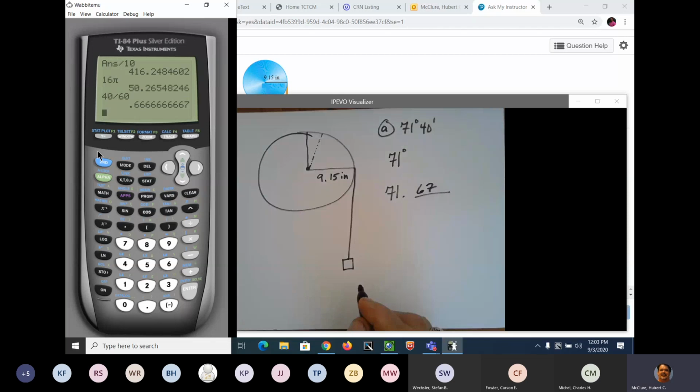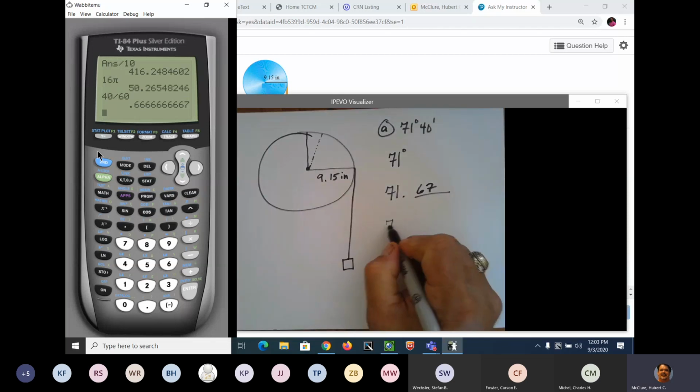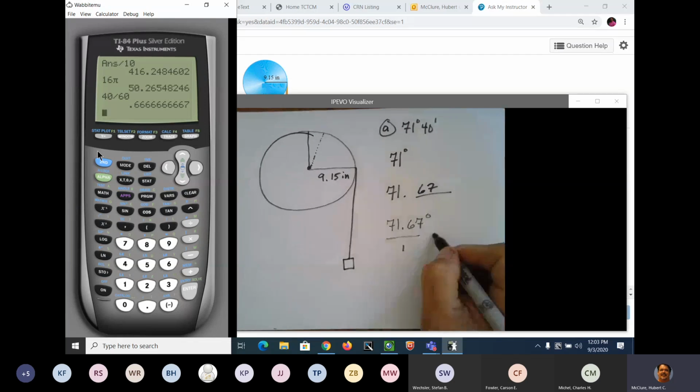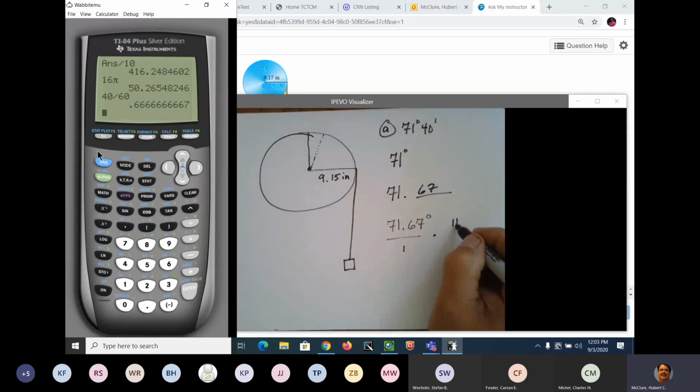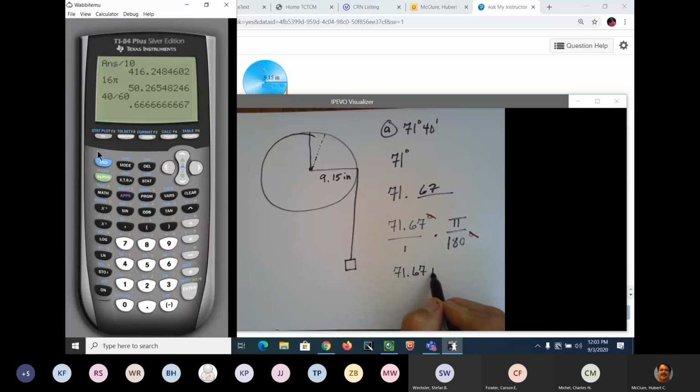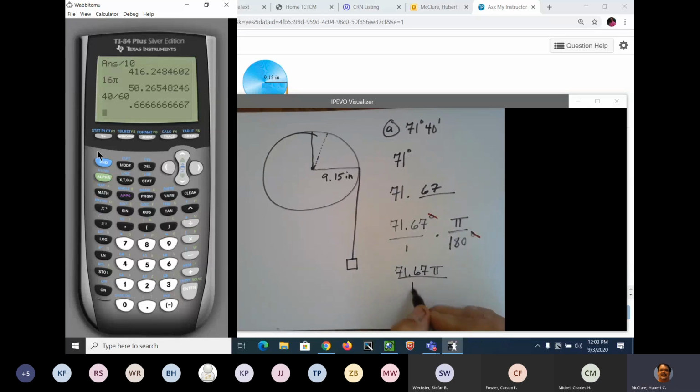So now we got to change that. So 71.67 degrees over 1 multiplied by pi over 180. And of course the degrees cancel, and since the degrees cancel, you're left with 71.67 pi over 180.